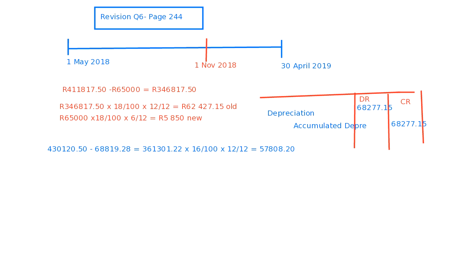So we must multiply this by 25%. How much is 25% of this amount? It is 463.30. Are we okay? So this is the amount received.